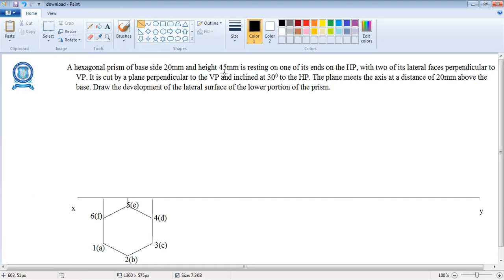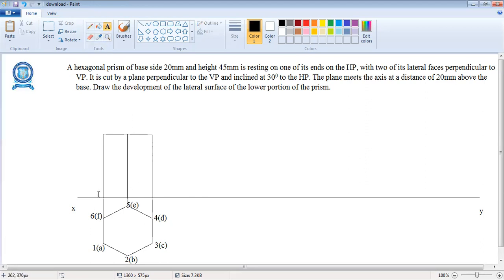The axis height is given as 45 mm, so we should draw the 45 mm line. This is the front view of the hexagonal prism.